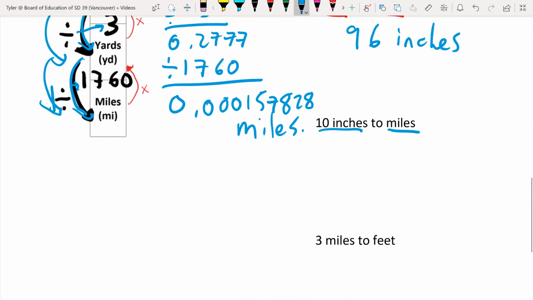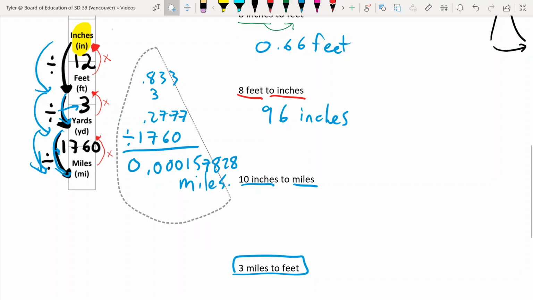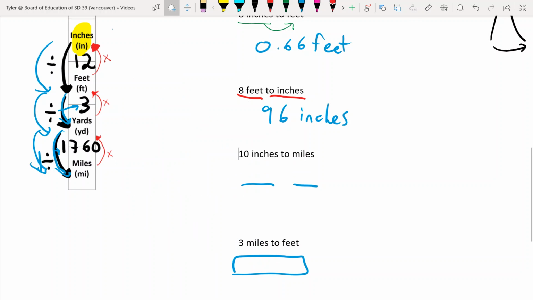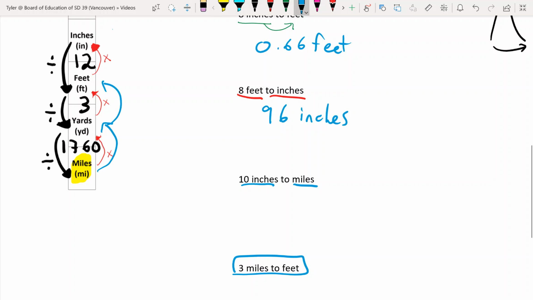Let's do the next one. 3 miles to feet. So let's erase all the stuff. We'll do it again. Okay, erase this. So miles to feet, so I'm going to start on miles, and then I'm working my way up to feet.